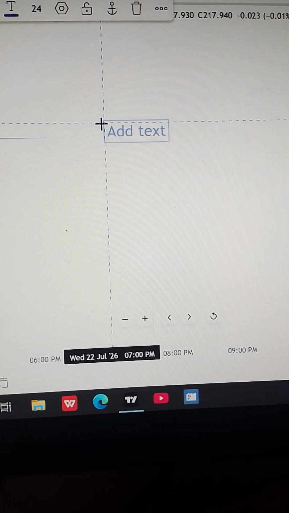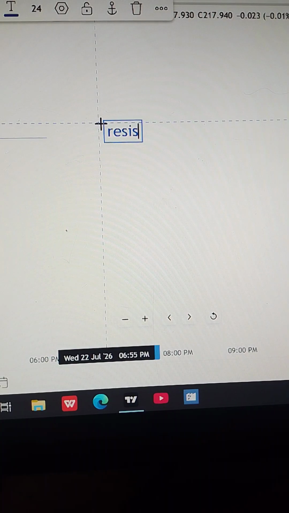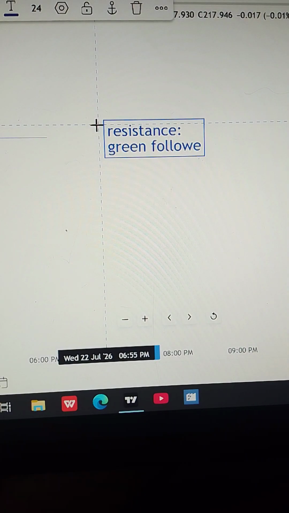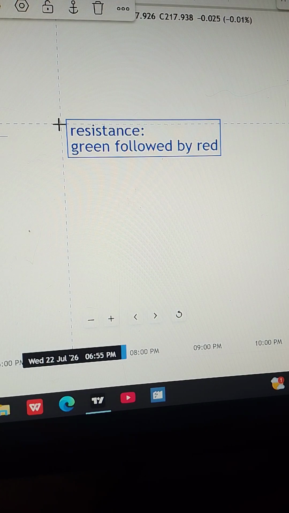So a resistance is created when a green candlestick is followed by a red candlestick. A green followed by red, that is a resistance.